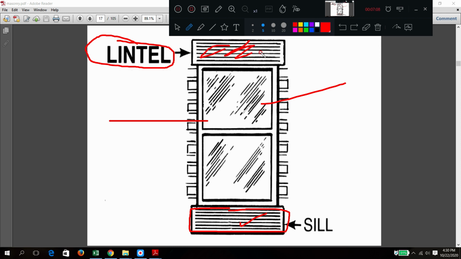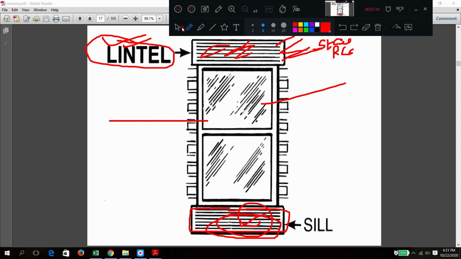These can be made of stone, brick, RCC, steel, wood, timber. Any material can be used which will act as a lintel. Same for the sill, anything is possible. So it is a position in the door and windows. Above the door, window or opening, there is a lintel. Below that there is a sill.